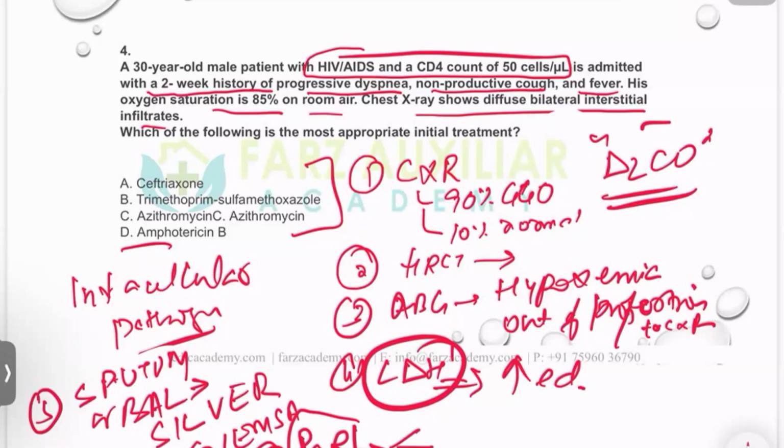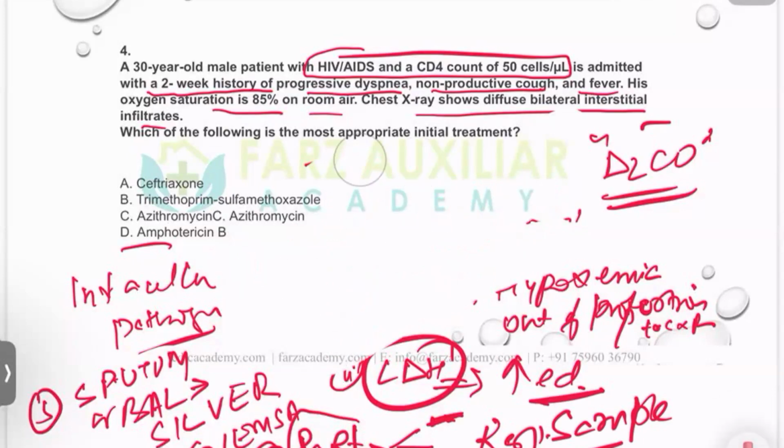Like in Legionella, we can do antigen in the urine. Which sample do you take for PCR in case of PCP? It is a respiratory sample. It may be sputum or it may be BAL. Okay. This is how you diagnose this patient.